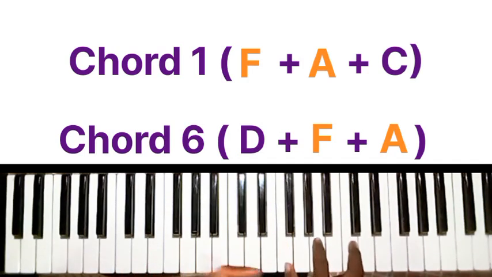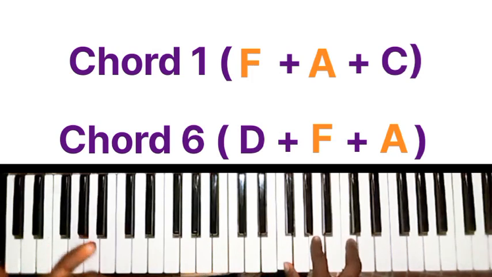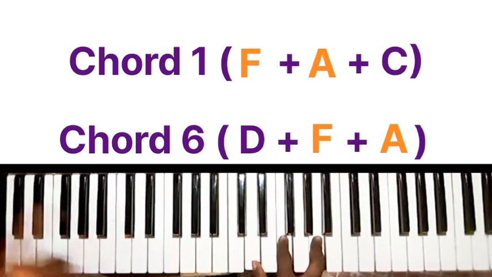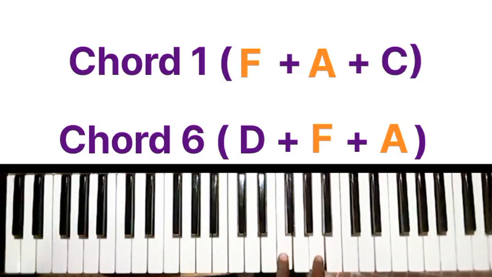So whenever you want to play, let's say, the first chord in a song, you can just substitute it with your 6th chord, okay? It works because they contain at least 2 similar notes.